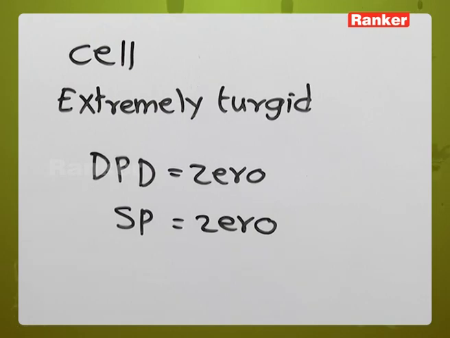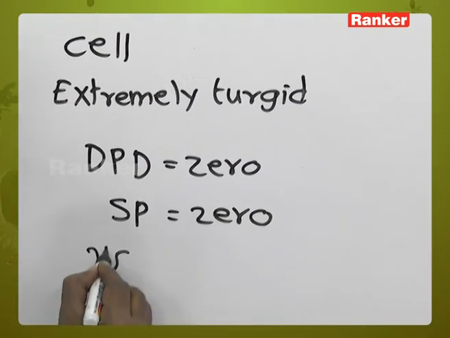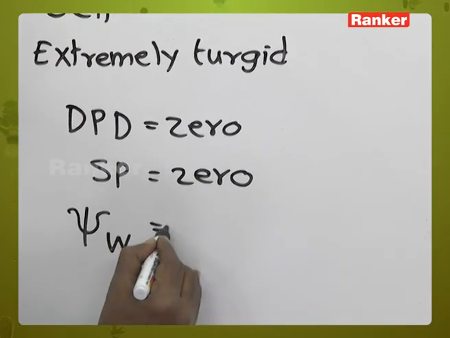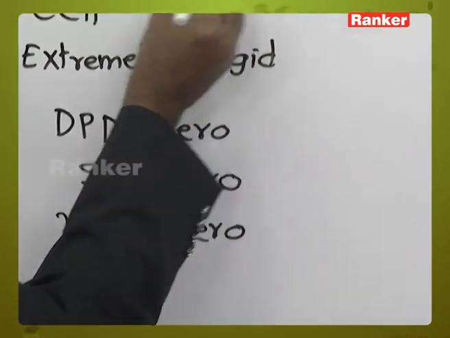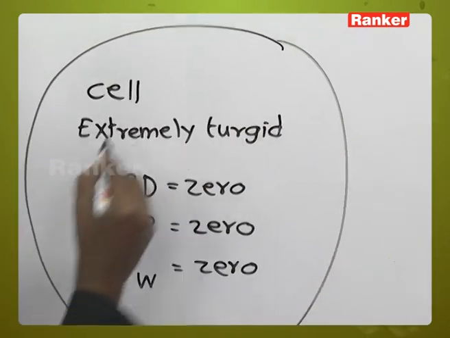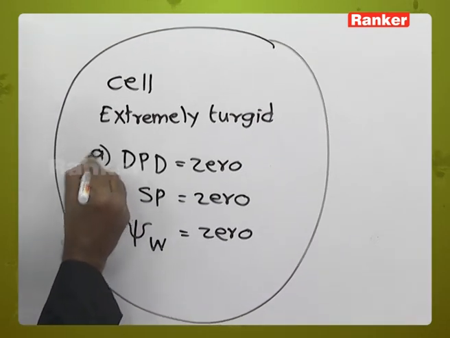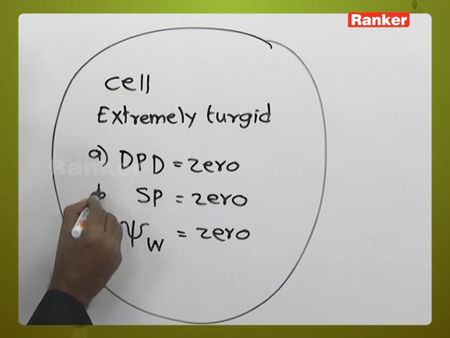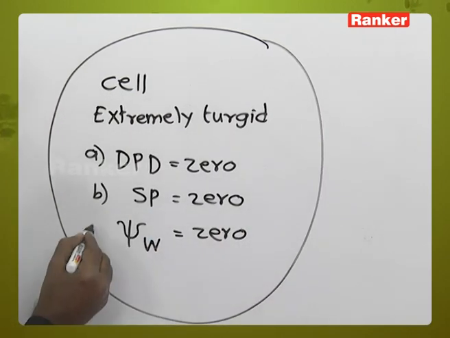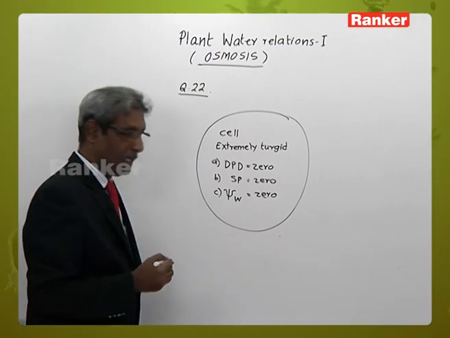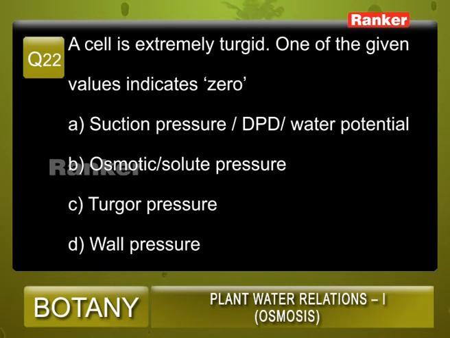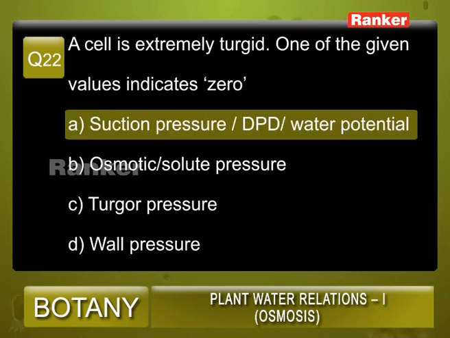In this case, the water potential value also tends to be 0. So, in a fully turgid cell, the attributes are: first, DPD is 0, second, suction pressure is 0, and third, the water potential is also 0. Hence, among the choices the answer is A.